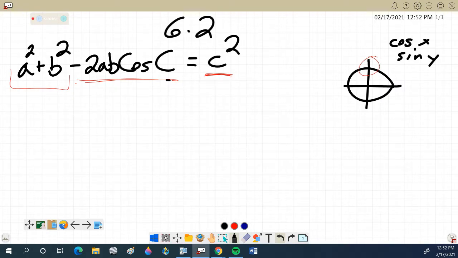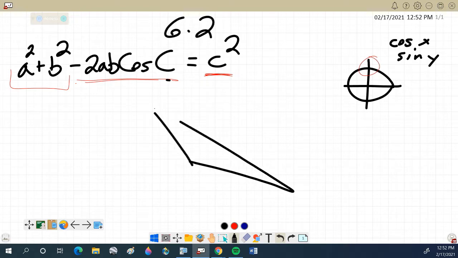So let's do something that is not a right triangle. Let's say we have 140, 8, and 10, and we want to find the side we'll call C. How do we figure out what C squared is equal to?